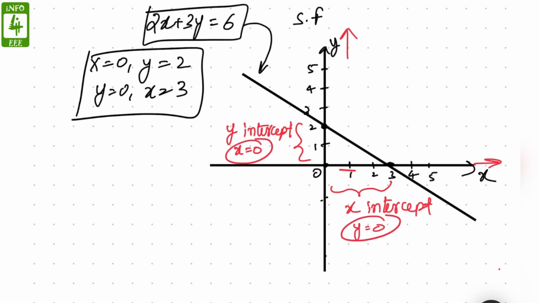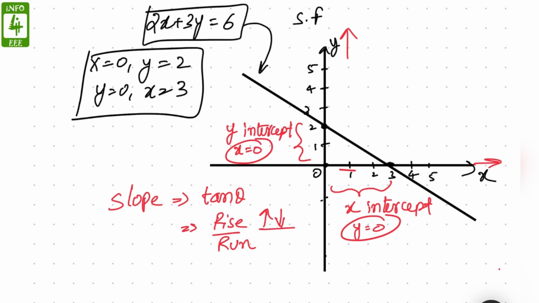Now the next part, what is the slope of this line? So slope is your tan theta, or this is rise by run. It means कितना rise हुआ या कितना decline हुआ plus कितना run हुआ. This is your slope.